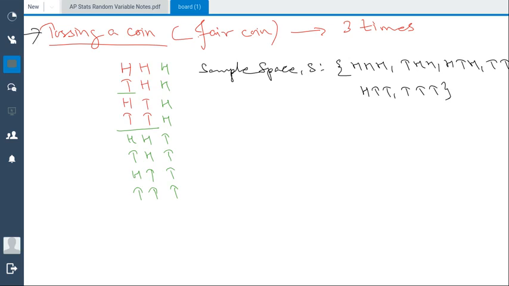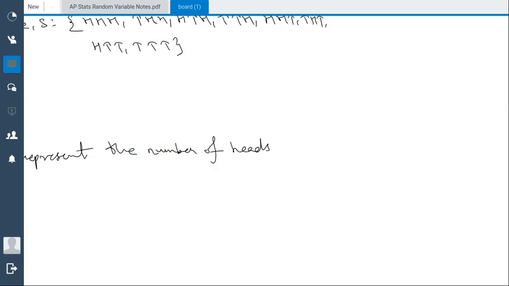Number of heads obtained. Yes, I'm writing, don't worry. X represents the number of heads obtained.